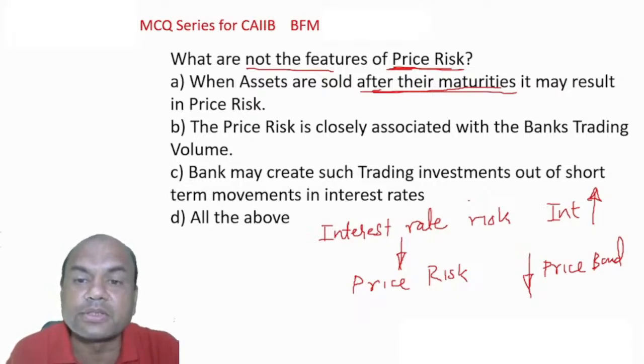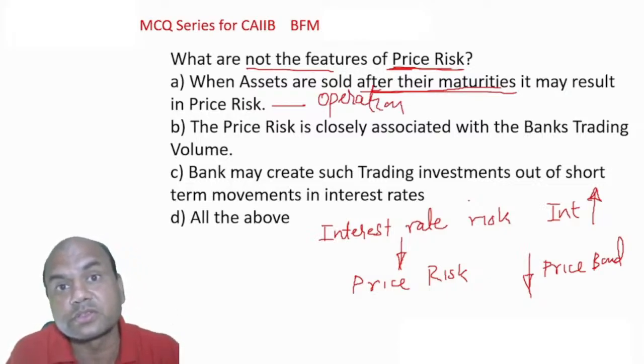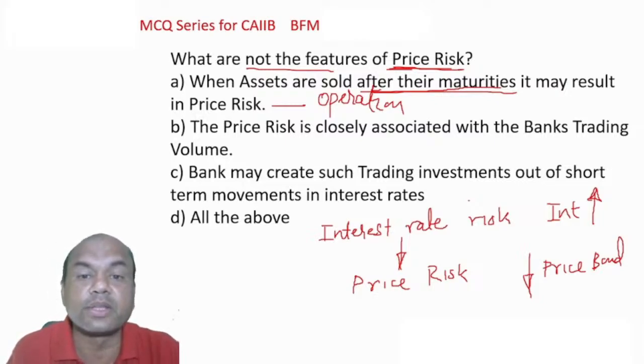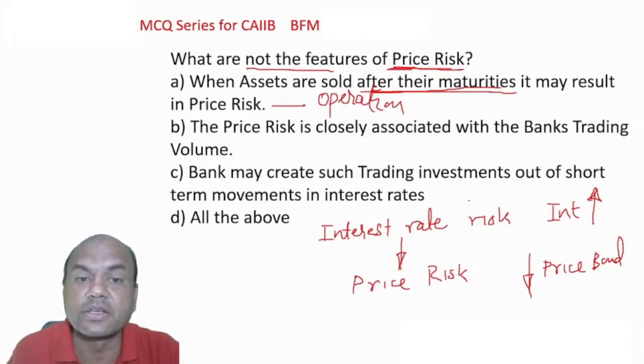Only up to the maturity is the price risk there. This is known as operations risk. If you hold the bonds after the maturity, your operation team is not working properly. So this is not a feature. We want the false one, and this is the false one. So the others are true.